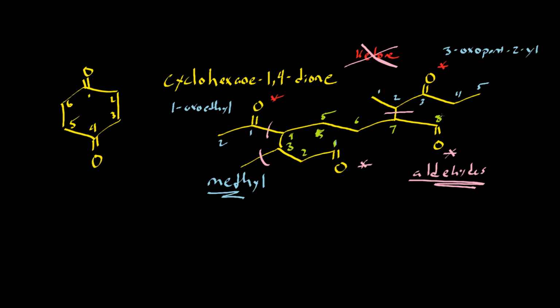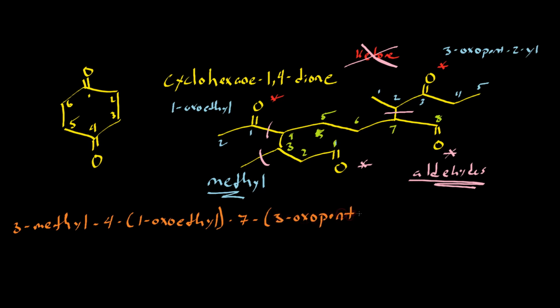So now that means that this bad boy is going to be 3-methyl, 4-(1-oxoethyl), 7-(3-oxo-pent-2-yl), octanedial.